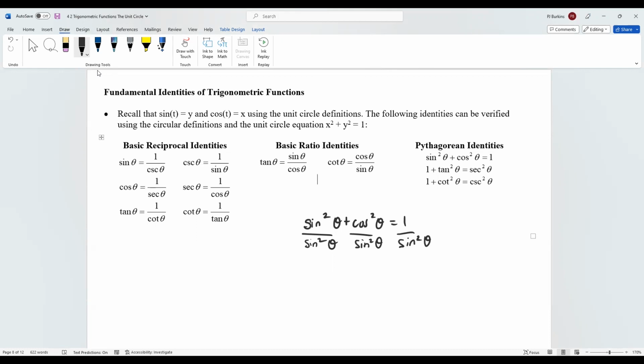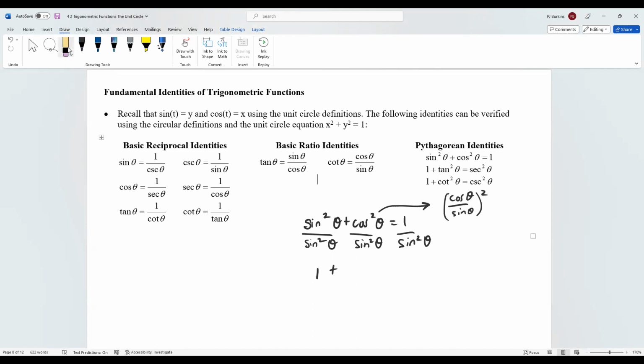They're the same thing here, sine squared over sine squared, right? Or sine over sine, if you want to think of it that way. That's just 1. And cosine over sine, right? Because this can be rewritten as cosine theta over sine theta all squared if we use some power rules.